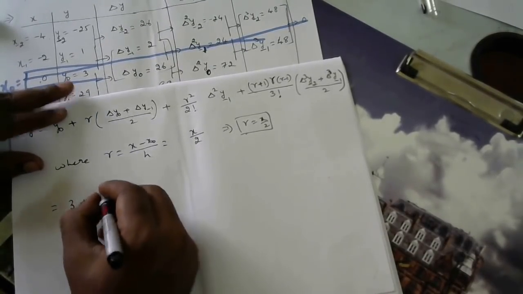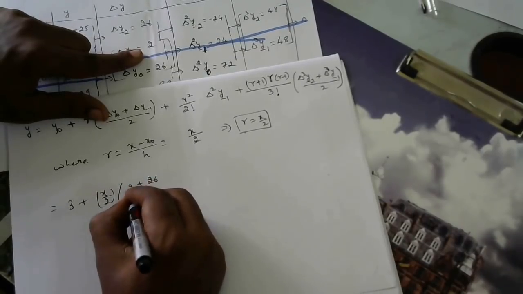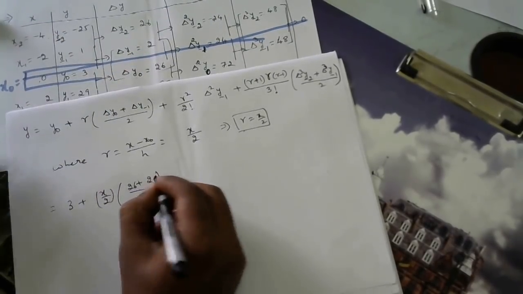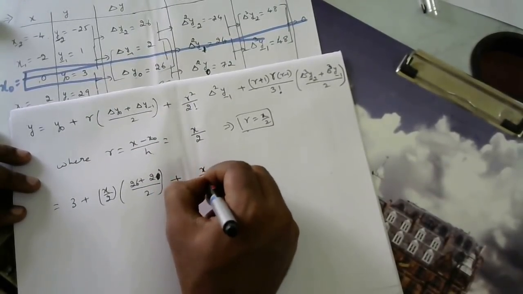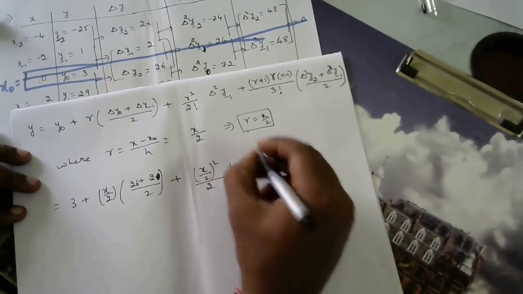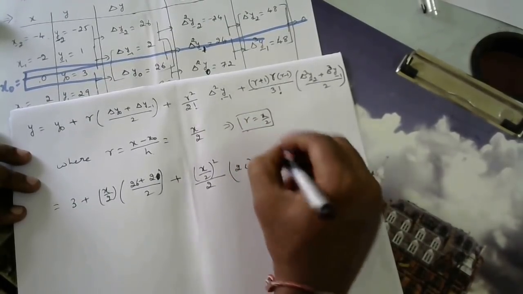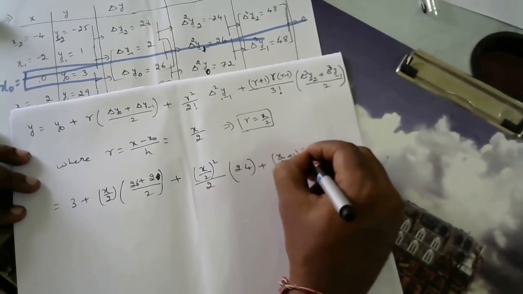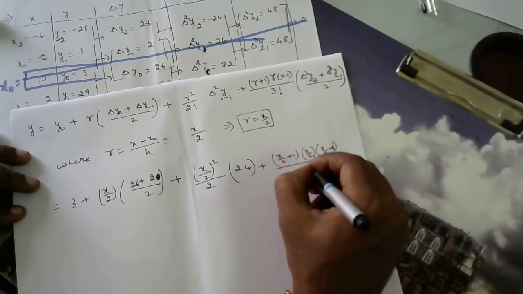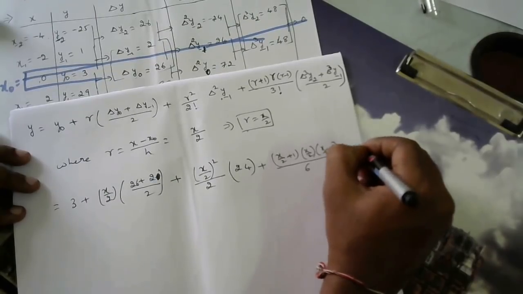What is the y naught value? It is 3, plus r, which is x by 2, into the average of these two, 26 plus 2 divided by 2, plus r square, that is x by 2 whole square, divided by 2 factorial, which is 2, into delta square y suffix minus 1, which is 24, plus r plus 1 into r minus 1, that is x by 2 plus 1 into x by 2 minus 1, whole divided by 3 factorial, which is 6, into the average, 48 plus 48 divided by 2.